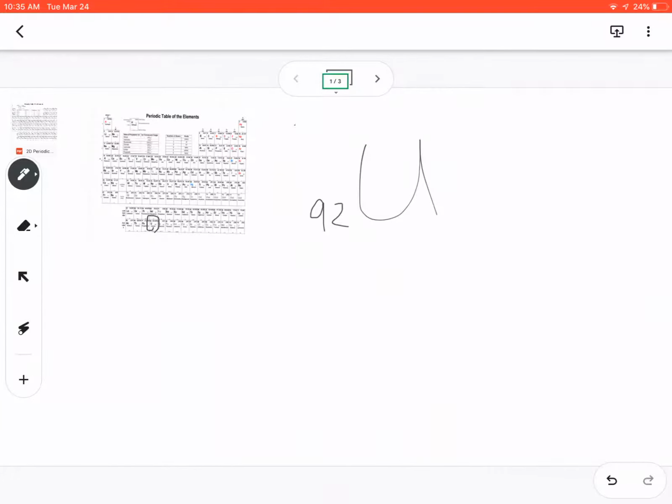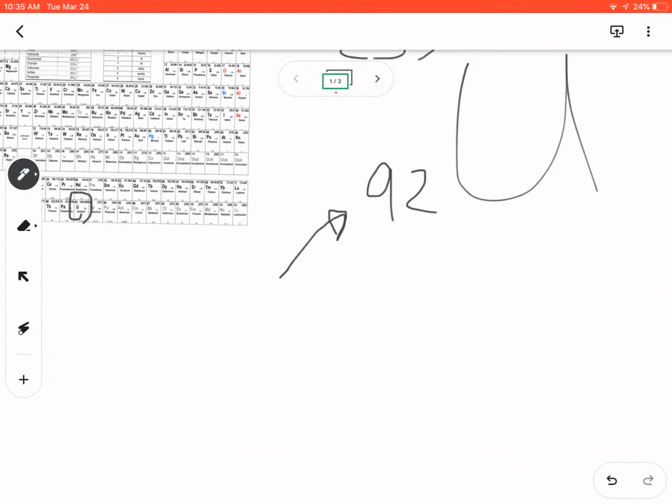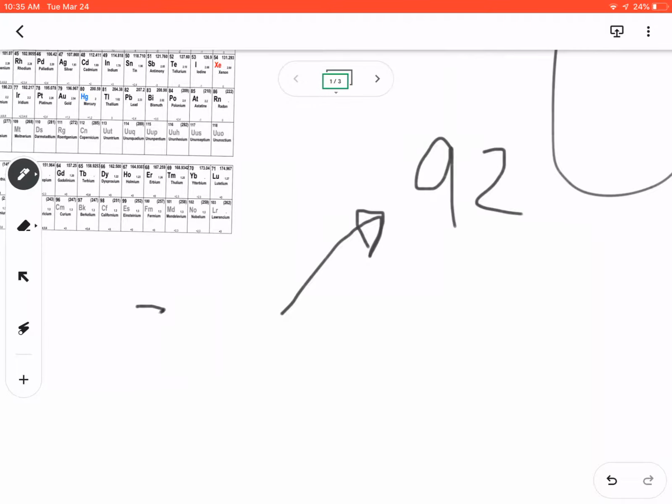There were two forms, 235 and 238, so I'll write down the 235. Remember, that's the one you would need if you wanted to make a bomb, but we're not going to be making any bombs. That bottom number is the atomic number. We call that Z for some reason, and Z tells us the number of protons.